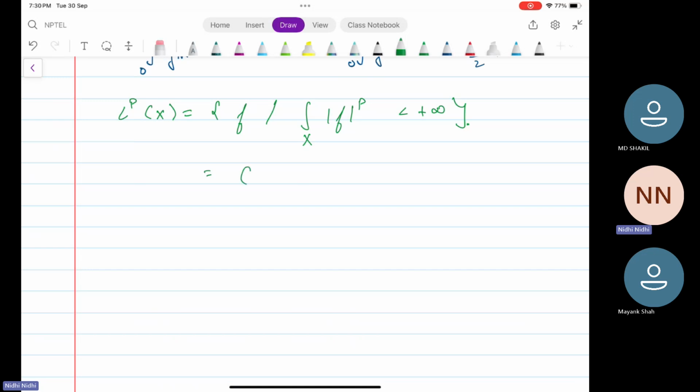This is the collection, for every p greater than or equal to 1 (you can go see what happens for the case p less than 1), of all measurable functions such that mod f to the power p is integrable.